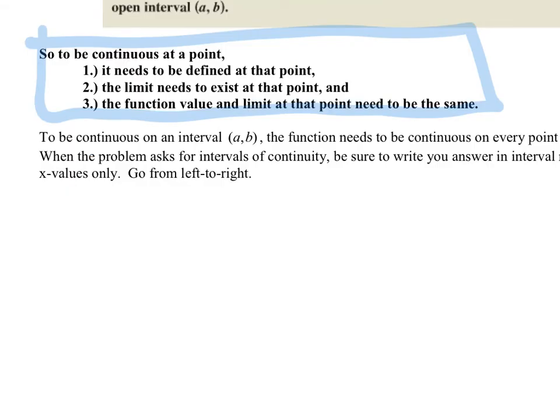So again, a graph is only continuous if it meets these 3 criteria right here. But I do want to hint a little something here about graphically. How do you know if a function is continuous graphically? Well, the easiest way to know it is continuous is if you can draw it without lifting your pencil.